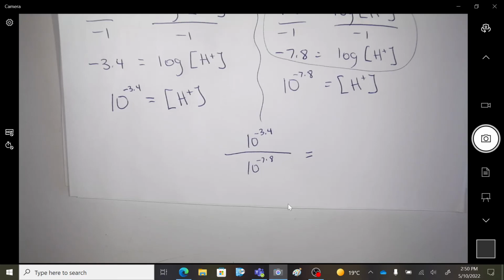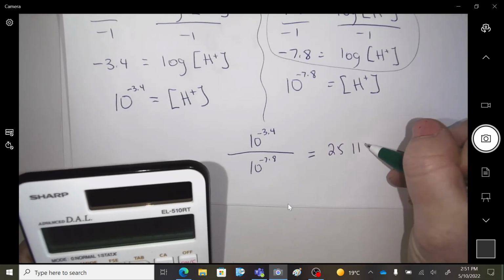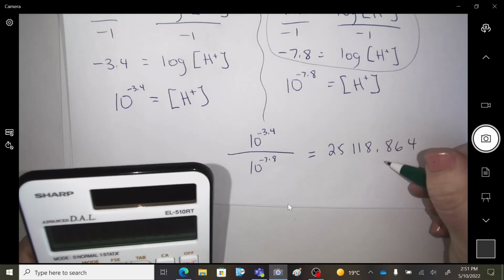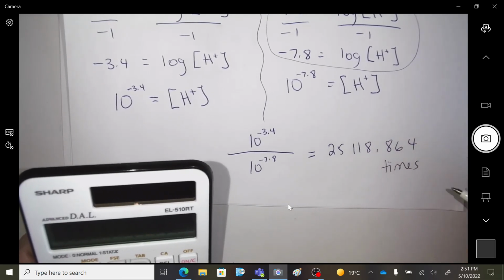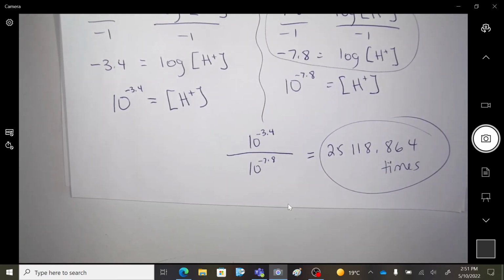So type that in and see what you get. If you happen to do it the wrong way, your answer might seem awkwardly small.